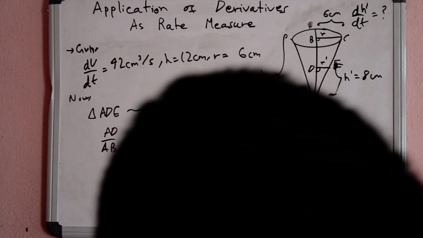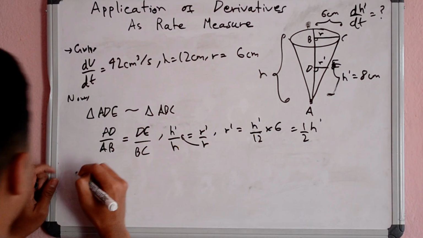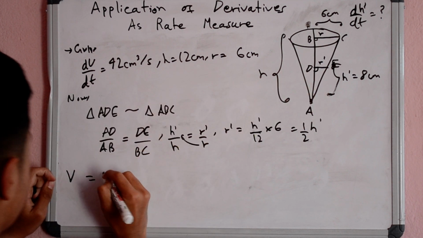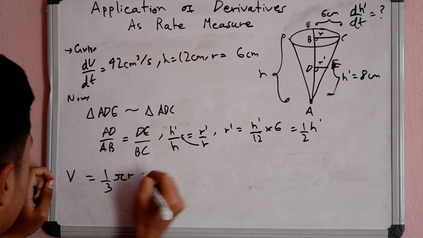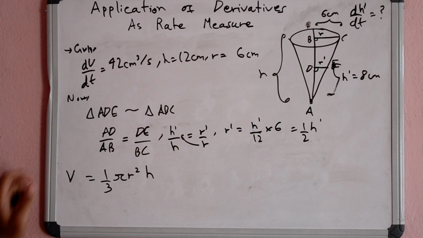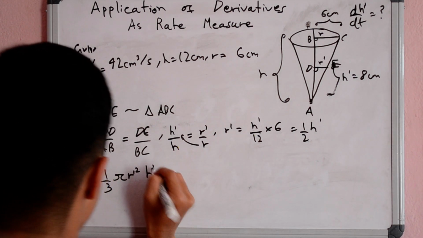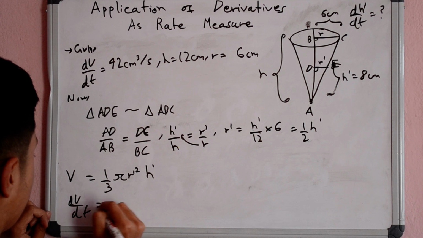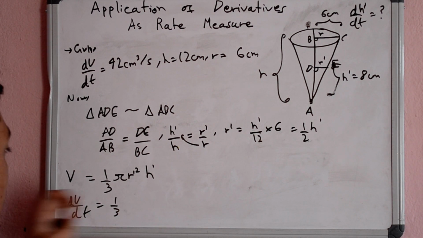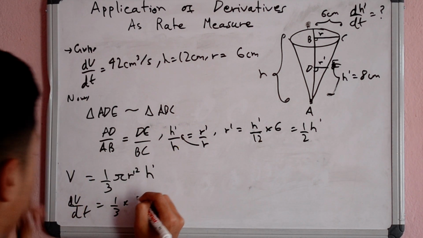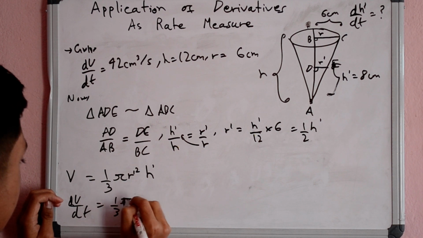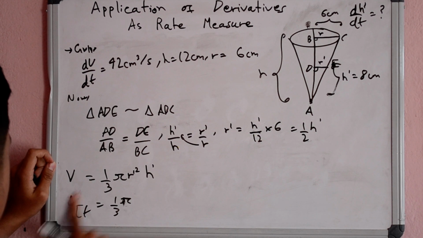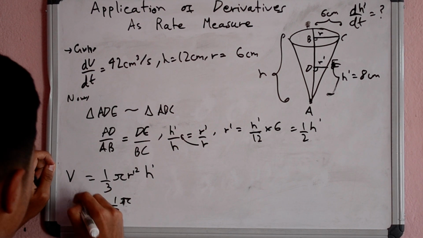So now we know that the volume of the cone is 1 by 3 pi r square h, but in this case it's r prime and h prime. So here dv by dt is equals to 1 by 3 pi r square into h, pi is constant, and the radius prime we can write is, well, let's not do the derivatives right now.